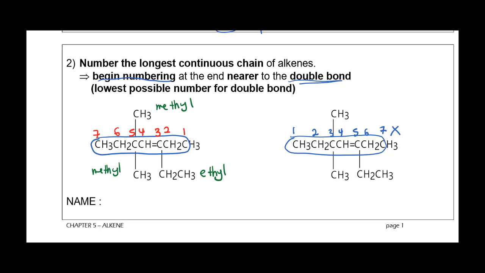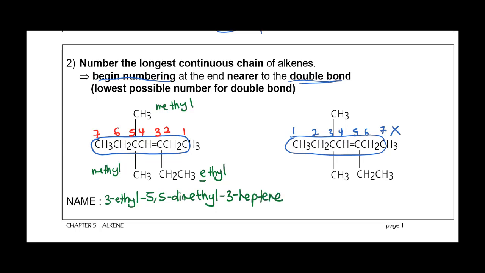The substituents need to follow alphabetical order, so we will write down ethyl first. So 3-ethyl, 5-dimethyl. Okay, so that is the substituent. So for the parent, 3-heptene.